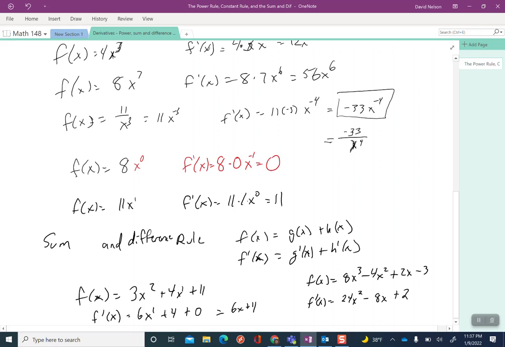The derivative of 2x would just be the 2, because it's the x to the first power. When you take the derivative, the x goes away. You get x to the 0 power, which is just 1, so we can ignore that. We don't have to write that down. And the derivative of the negative 3, because there's no x there, would be 0. So the sum and difference rule is just: do it term by term, combining the power rule with what you had before. All right.